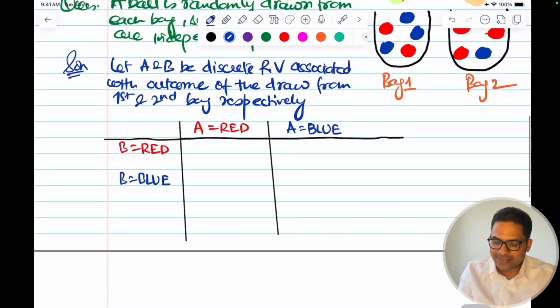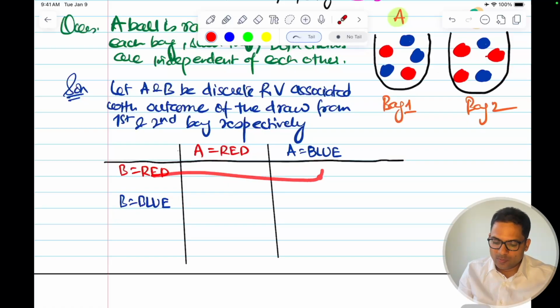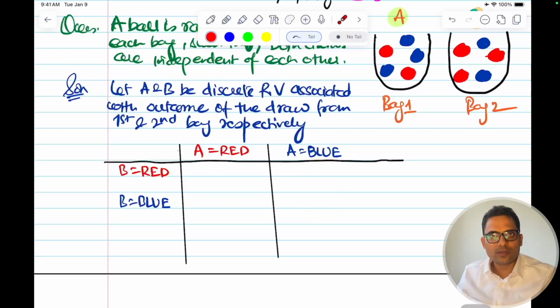There are two draws: the first draw is for A and the second draw is for B. So either the first has a red ball and the second also has a red ball, or the first has a blue and the second has blue, and all four combinations: red-red, red-blue, blue-red, blue-blue. These are four combinations, and let's write down the probability of each of them.